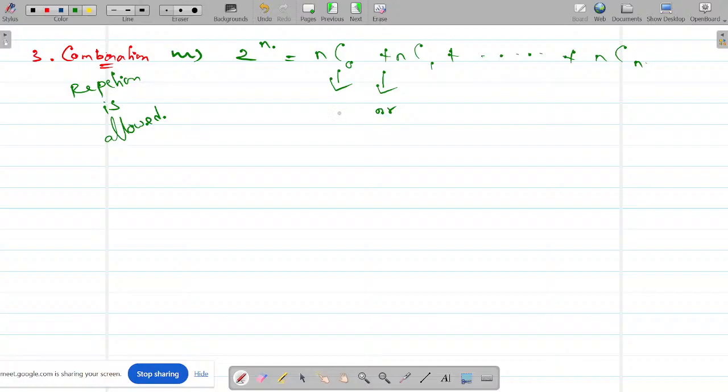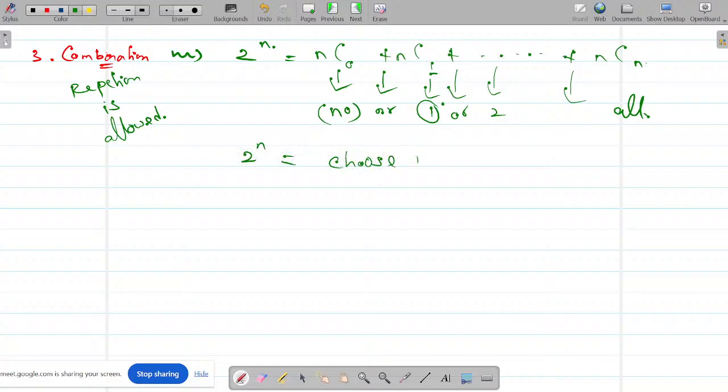Don't choose anything, so no choosing. What is NC1? Choose 1 or choose 2 or choose all. So shall I write this 2 power n as choose no or all? No or more than that.